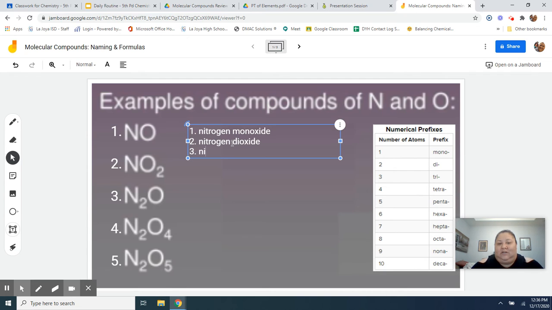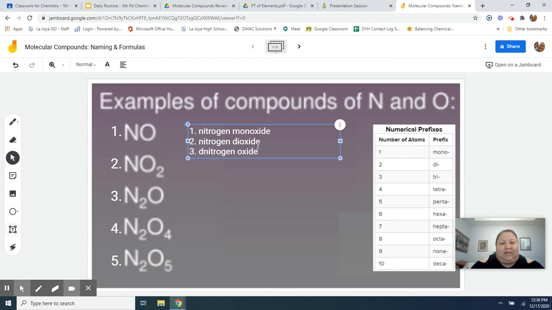Number 3, same elements. All right. What are my prefixes, guys? What is the prefix for the element nitrogen? What is the prefix for oxygen? Can you guys give me that? How many nitrogens do I have for number 3?